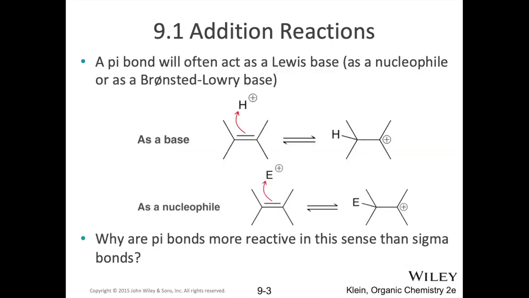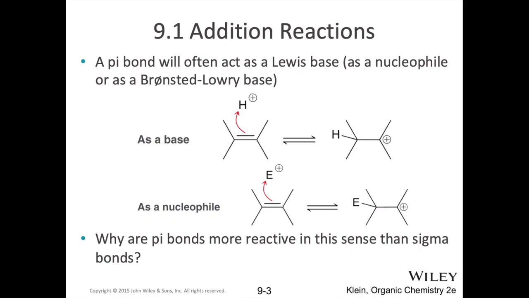Basically, what alkenes have that's reactive here is the pi electrons from their carbon-carbon double bond. We've seen before that these pi electrons can act as a base and as a nucleophile.